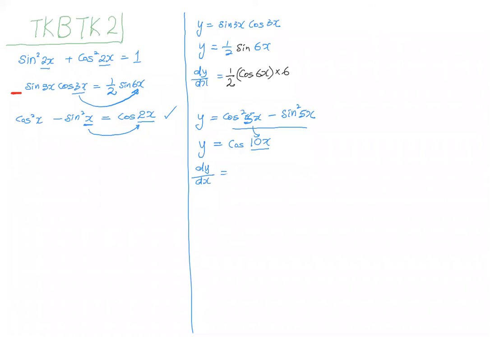Okay, thank you. How do you get negative 10 sine 10x? When you differentiate cos, it becomes negative sine. Then the 10 came out because you differentiate the 10x. Thank you. Okay, now.